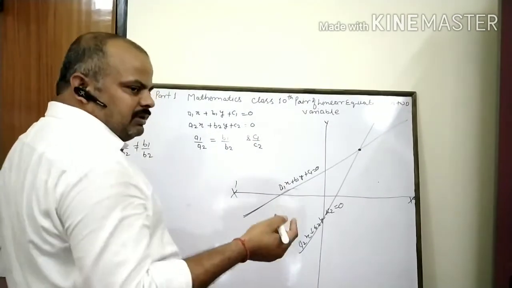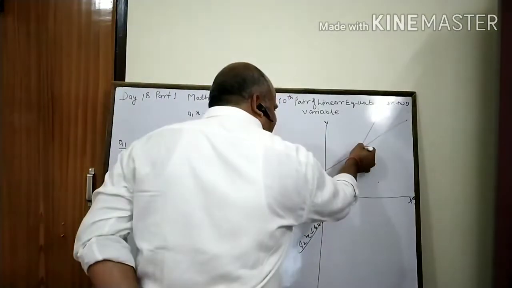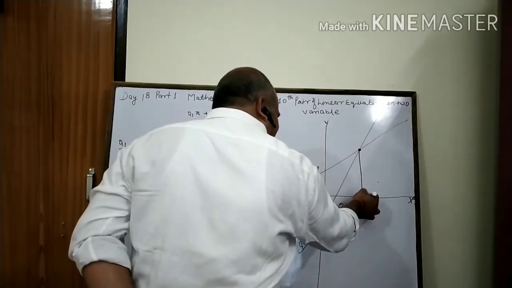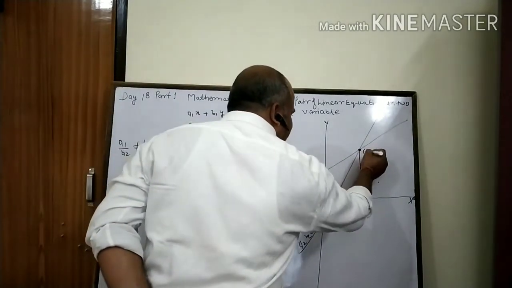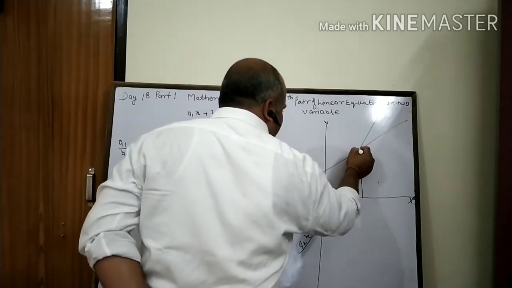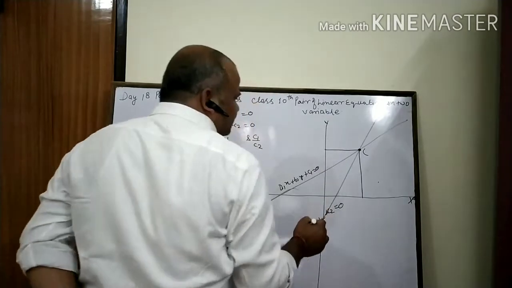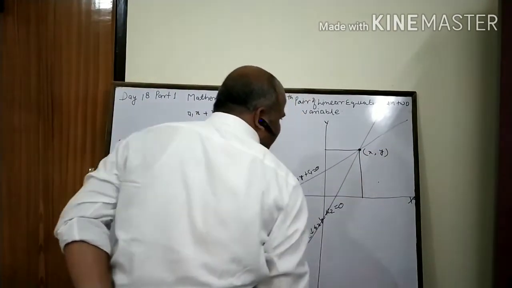In class 9th you learned that we can draw a line from this point to the x axis, and where it meets the x axis is the value of x, and we can draw a perpendicular to the y axis, which gives x and y. Clear?